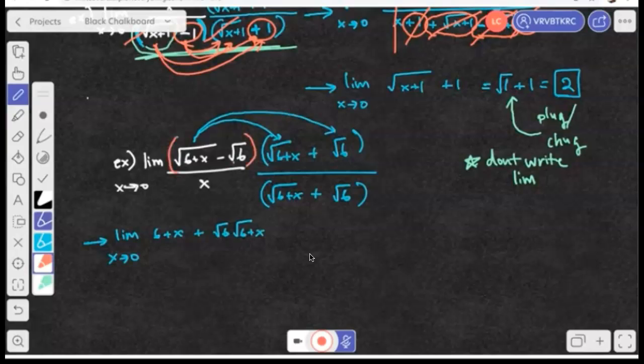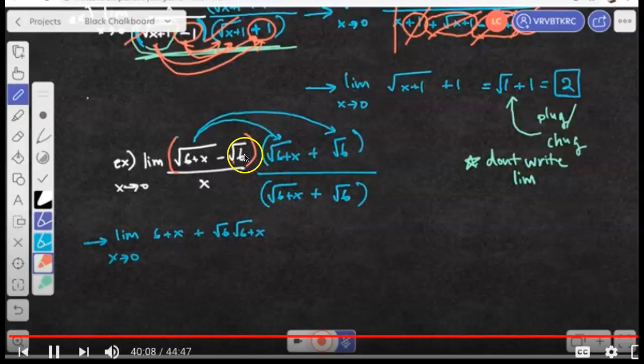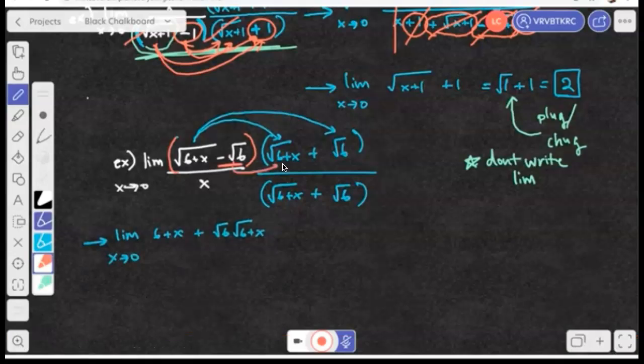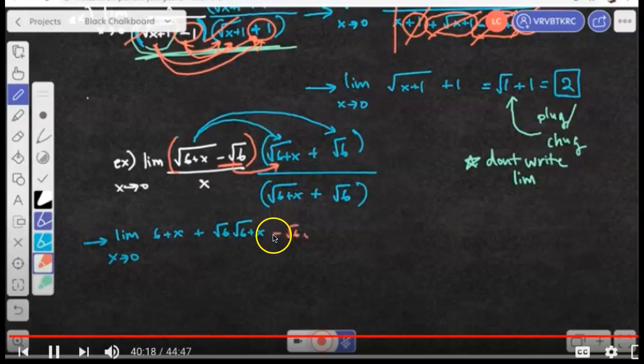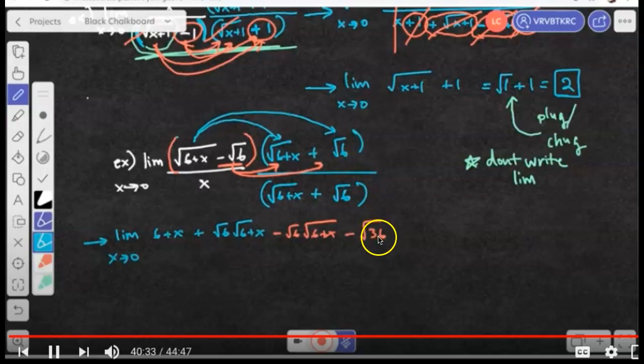We're not going to actually go through the whole multiplication there. Now the negative rad 6 multiplies with the blue radical 6 plus x. I'm not sure if you're seeing that those two radicals are going to cancel eventually, because one's negative and one's positive. Alright, and the rad 6 times the rad 6, that's really a 6. You know, the square root of 36 is going to become 6 eventually.